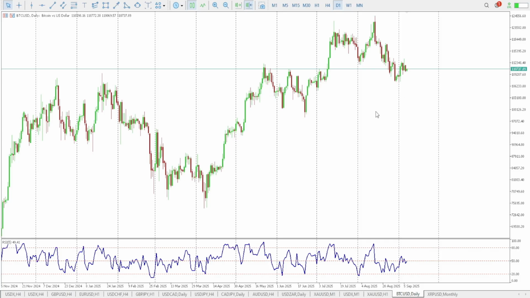First of all, I'm on Bitcoin, BTC USD, and I usually look at the daily time frame. These are some tactics which we need to understand. Most of the time traders are losing big sums of money by lacking an understanding of the market structure.